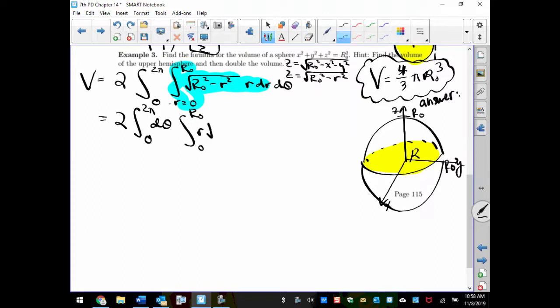And this is just r times the square root of r0 squared minus r squared dr. Okay, so this first integral is just 2 times 2 pi. Now this 2, remember, where did that 2 come from? This is doubling the upper hemisphere, so double upper hemisphere.